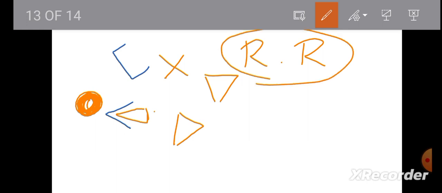This can be explained with the help of an enzyme called ribonucleotide reductase, a key enzyme involved in the synthesis of DNA.